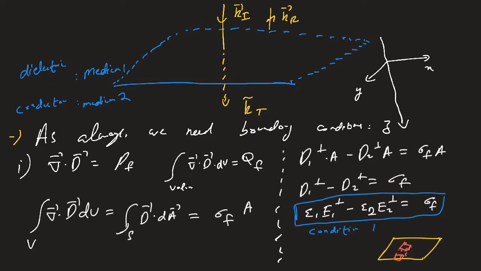On that cube, we've calculated the surface integral, and we've gotten contributions from the top and the bottom surface, and that's equal to sigma_f times A. And so we recovered this boundary condition. We've done this before. You can go back to your notes and check. This is nothing new. These are just the boundary conditions that we derived quite a few lectures ago.